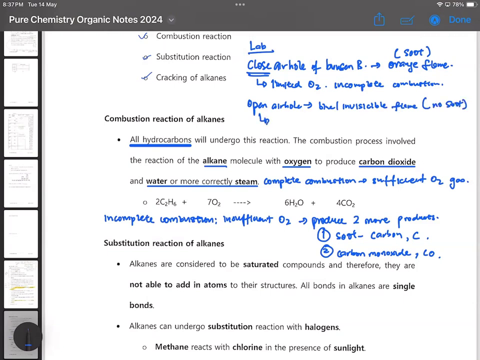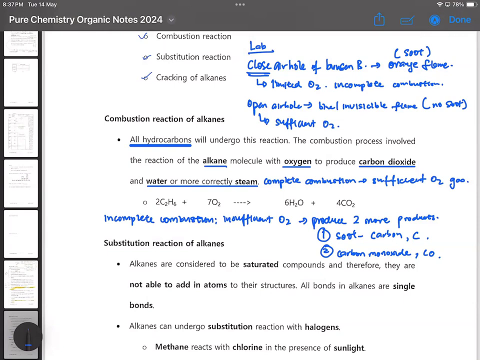When you open the air hole, you have sufficient oxygen. So this is a simple illustration to show you that in real life, when you have complete and incomplete combustion, this is the kind of products you get.